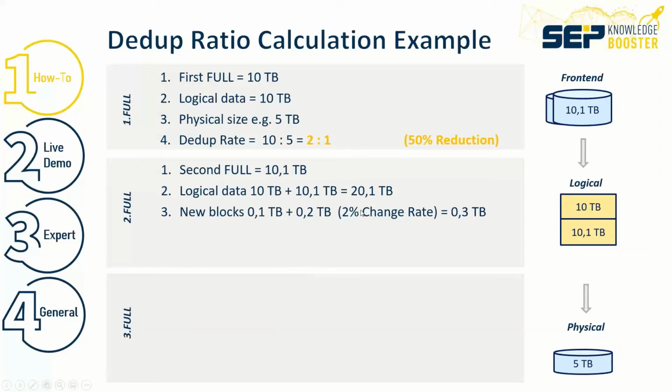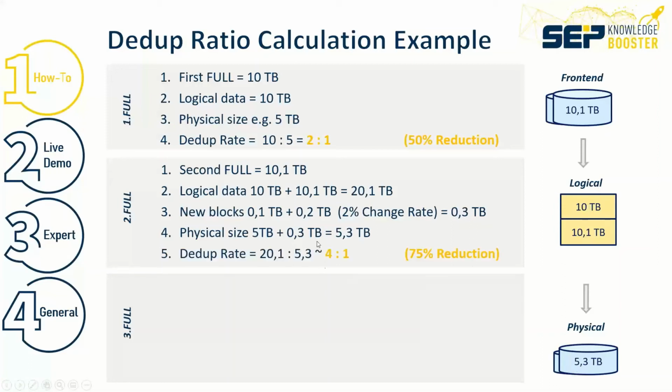And if you have a change rate of maybe, we assume, 2%, then of this 10 terabyte, there are also some deleted blocks, some new blocks, you know, the change rate. So we have 200 gig additional blocks because of the change rate. And this results in 300 gig new blocks for your dedup storage. Now the dedup storage has grown to 5.3 terabyte. Now you can compare the 20.1 to the 5.3, and this results in roundabout a 4-1 dedup ratio, 75% reduction, roundabout.